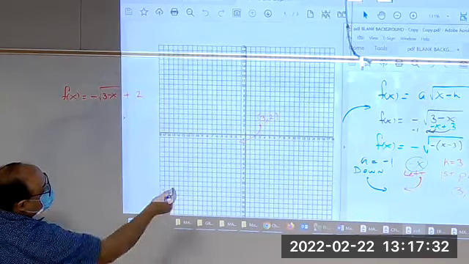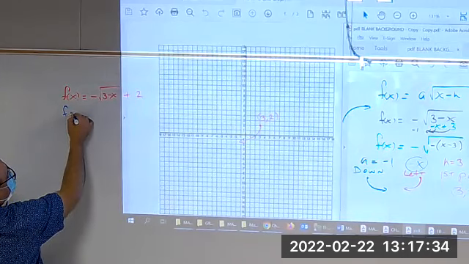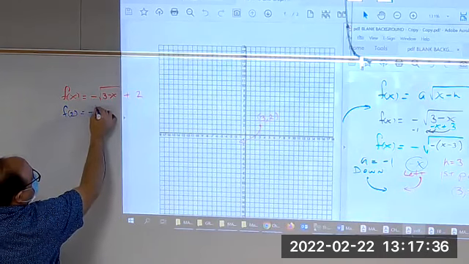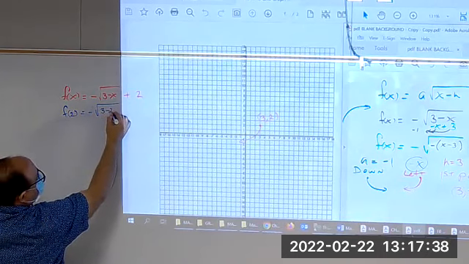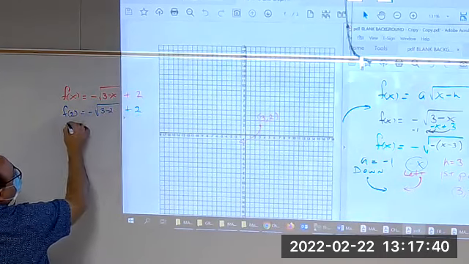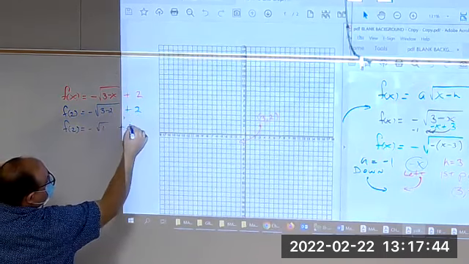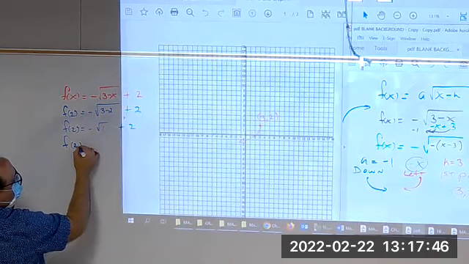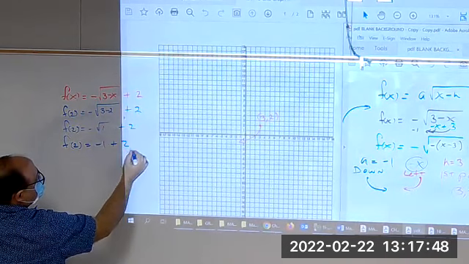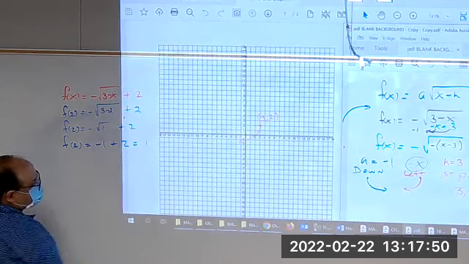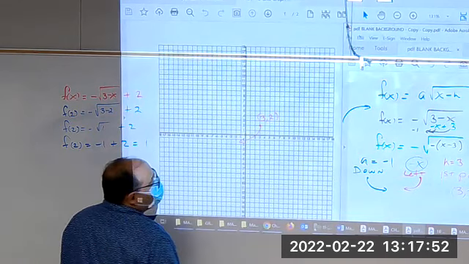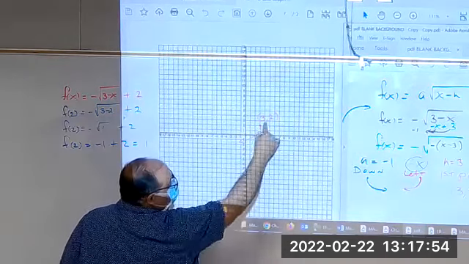So if I plug in positive 2, it's negative square root 3 minus 2 and then plus 2. So f of 2 is negative square root of 1 plus 2. So f of 2 is negative 1 plus 2, which is 1. Remember what we just started with?